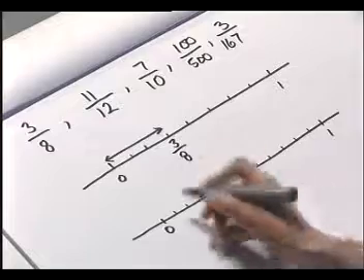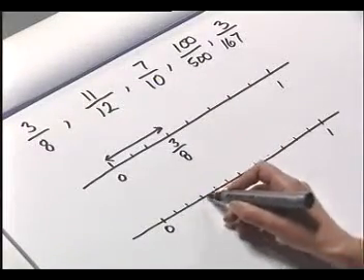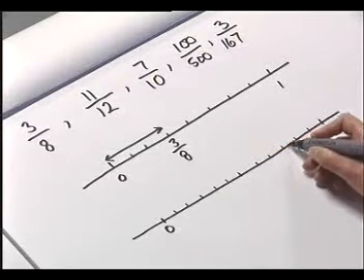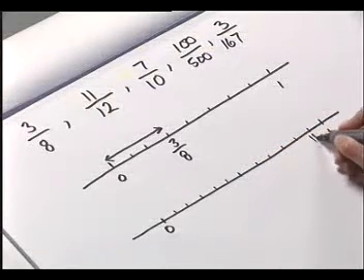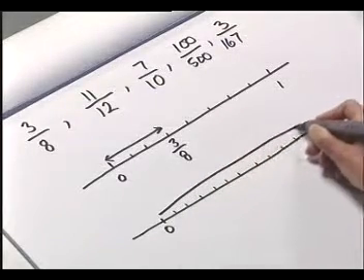Okay. So we want 11 of them, so we need to count 11. 1, 2, 3, 4, 5, 6, 7, 8, 9, 10, 11. So our 11/12 is represented there.